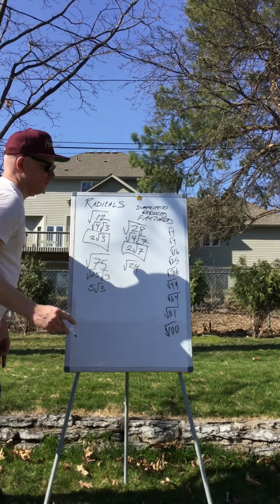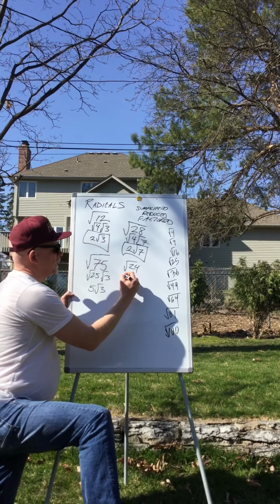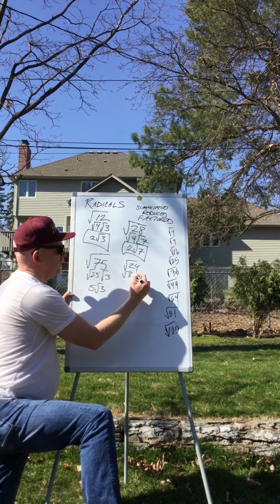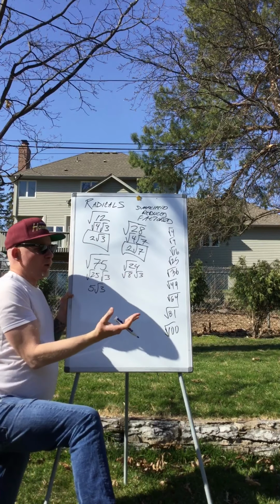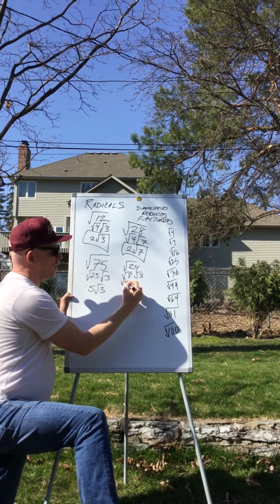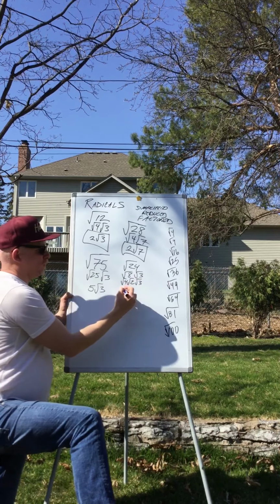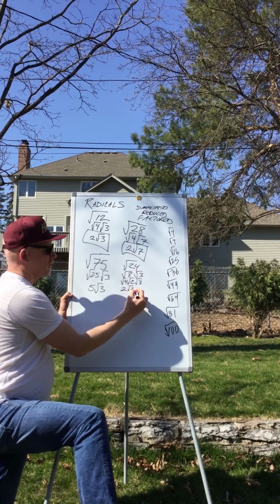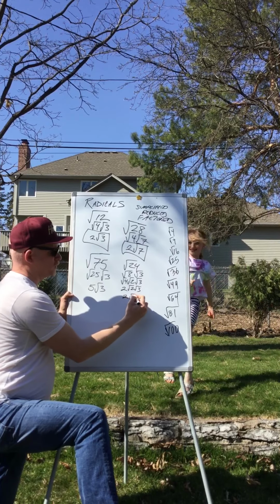Okay, let's do 24. We're going to do 24 twice. Some kids would say root 8 times root 3. But it's going to be a longer way, because then root 8 can be simplified into root 4 times root 2. Root 4 is 2, and 2 times 3 is 6, so this is 2 root 6.